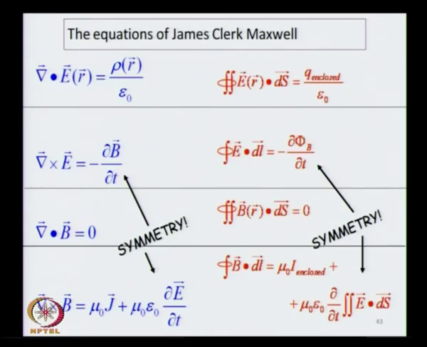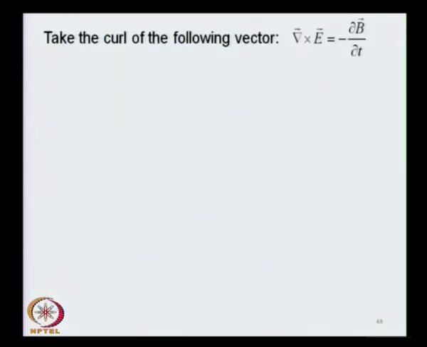Now, let us play with this a little bit more. You have this expression curl of E equal to minus del B by del t. Now, let us take the curl of this vector. The curl of a vector is a vector and you can take its curl.